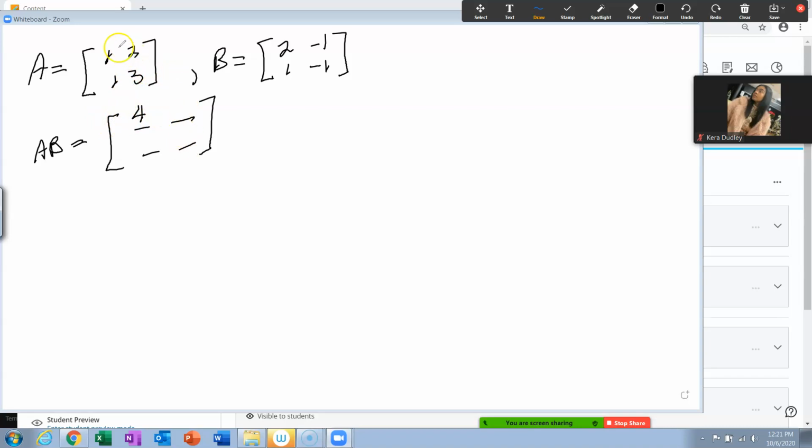First row, second column, be first row, second column here, -1 minus 2 is -3. Okay, 2, 1 entry, second row, first column here, 2 plus 3 is 5. 2, 2 entry here, second row, second column, is -1 minus 3 is -4.